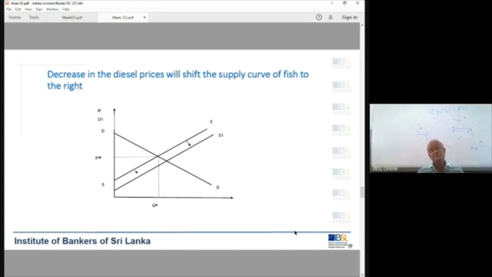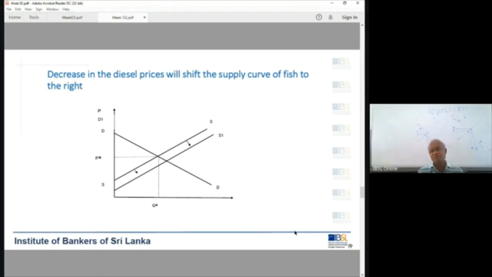Shift up, if that is one of the inputs. This is a destruction of some of the inputs. As a result, supply of fish decreases. They can't go to the sea for some time. Still, I think most of these fishermen can't go to sea. Again, they have been compensated. I saw some insurance company, a local insurance agent, has given some millions of rupees.